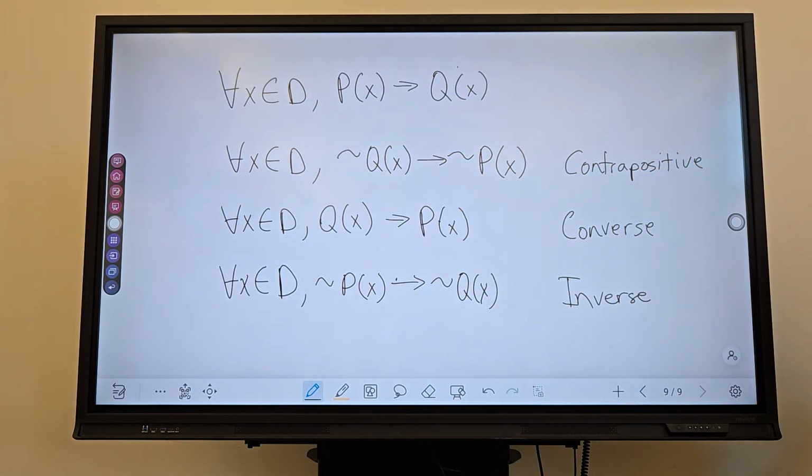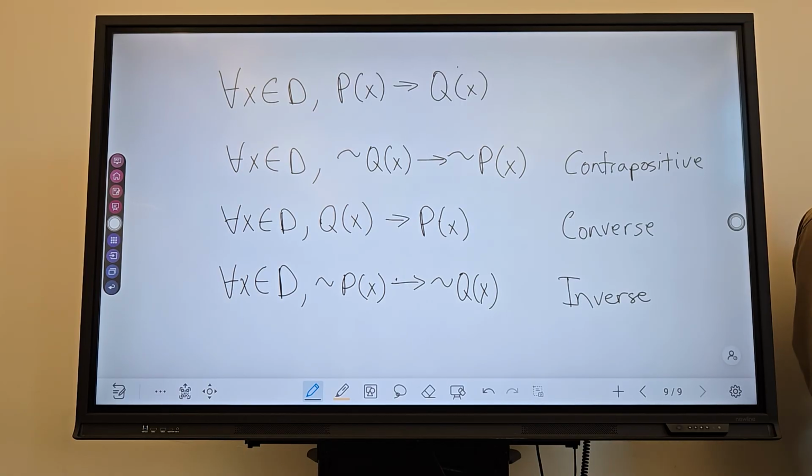So how about the different versions of the following statement? If a real number is greater than 2, then its square is greater than 4. For all x, element of R, if x is greater than 2, then x squared is greater than 4.